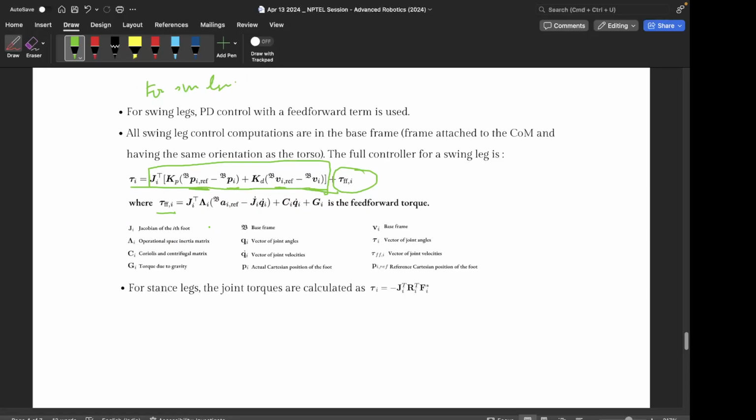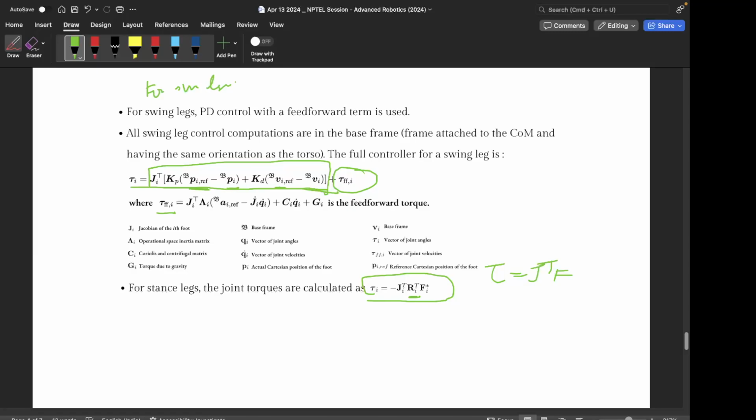And for the stance legs, to convert the forces into torques, we use this relationship: tau is equal to J transpose F. This rotation matrix is used to change the frame of the force, right?